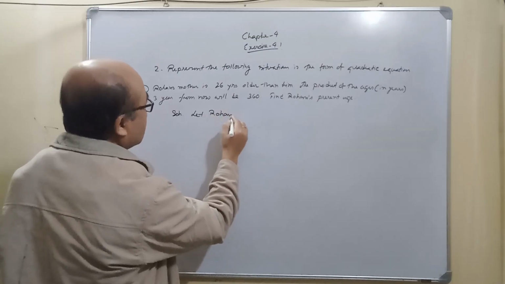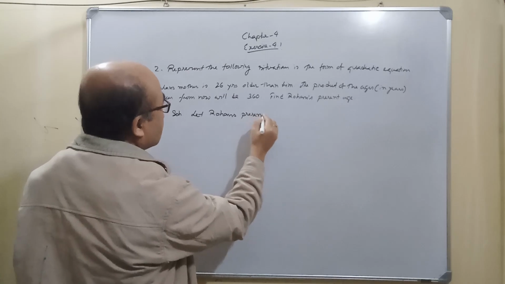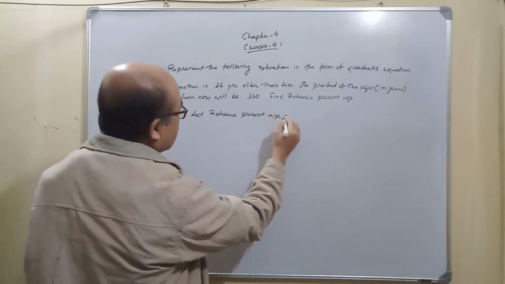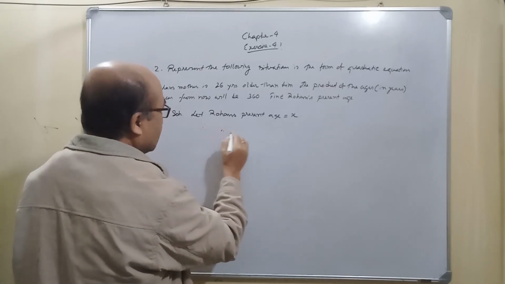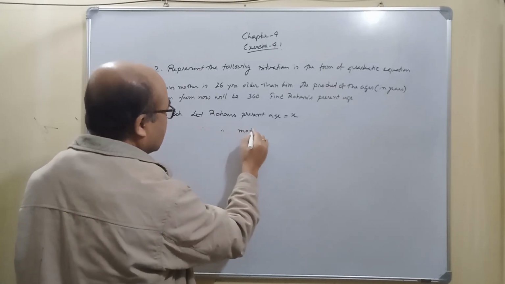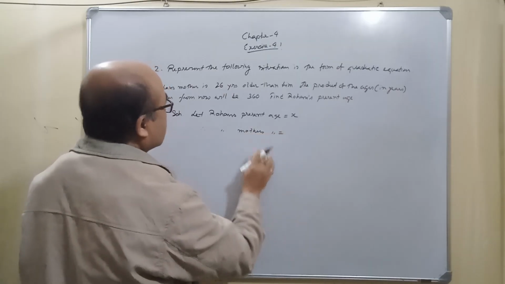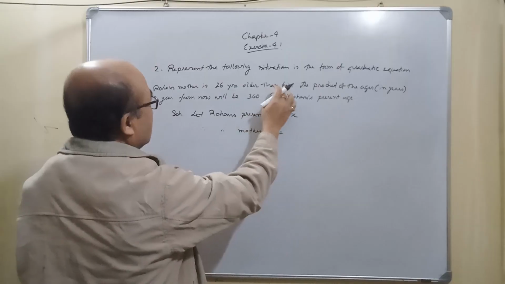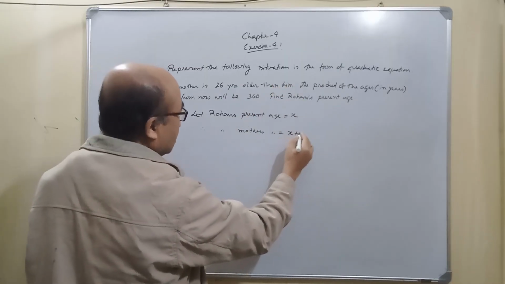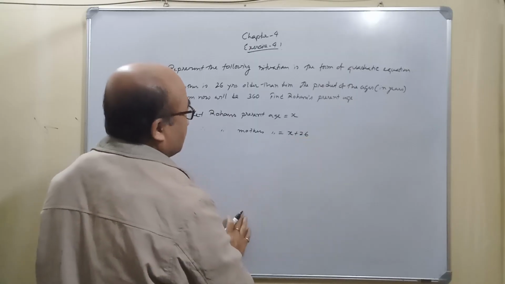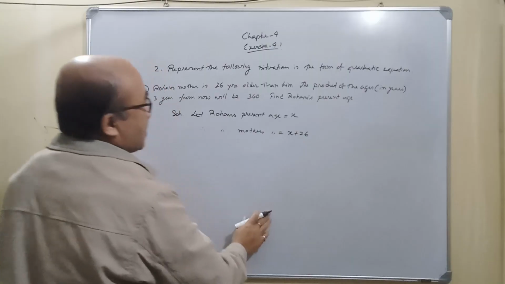Let Rohan's present age be x. Hence, Rohan's mother's age is 26 years older than him, so we add plus 26.